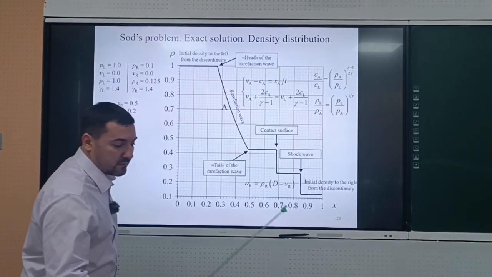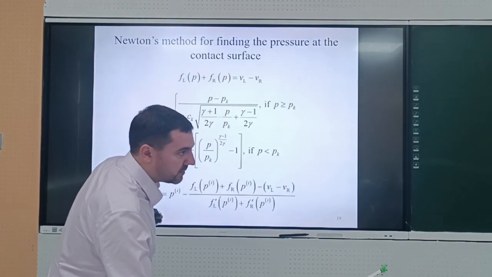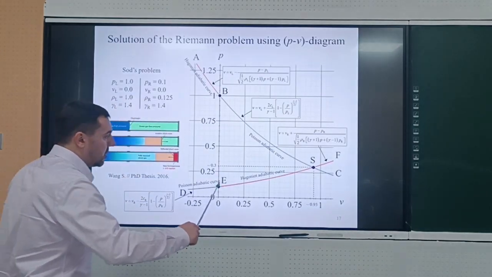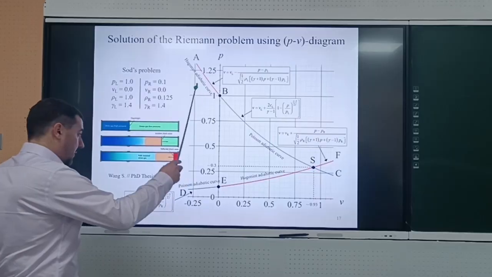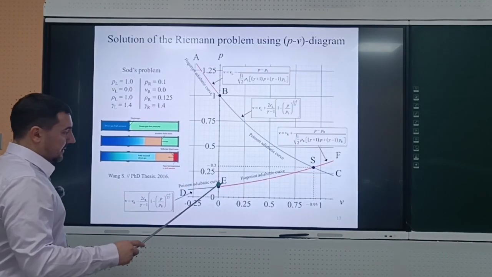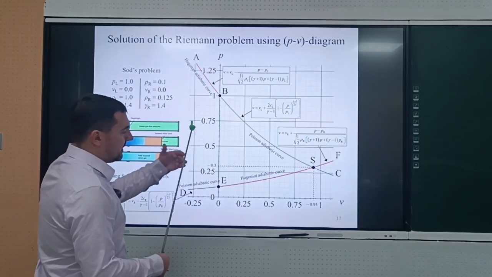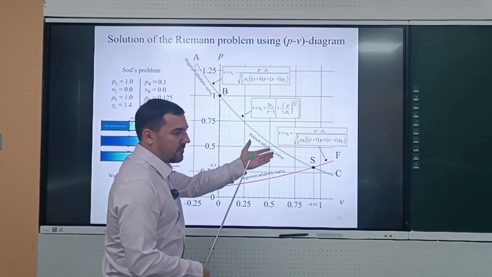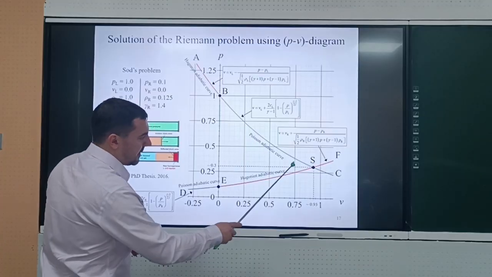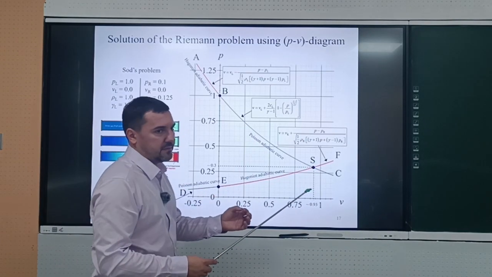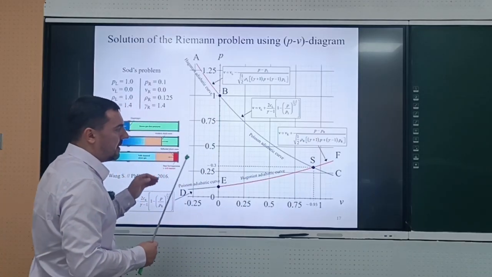First of all, once again, we understood that the solution would look like a shock wave propagating to the right and a rarefaction wave propagating to the left. It will be found using some numerical method, but you can find these values with any necessary accuracy, the accuracy that you need.